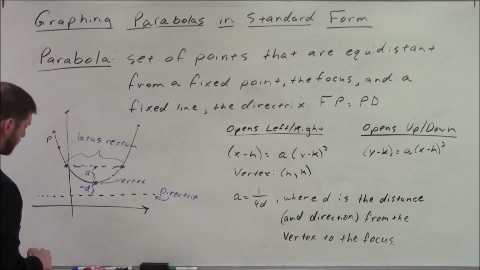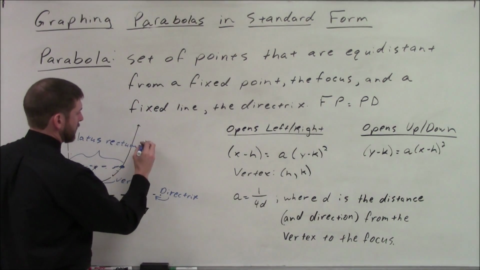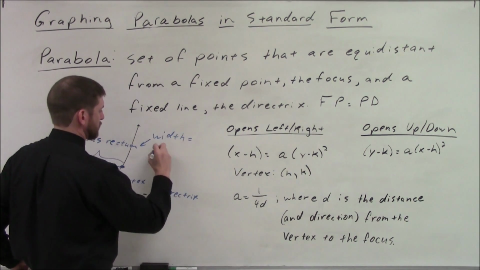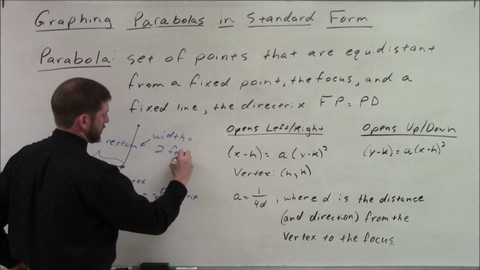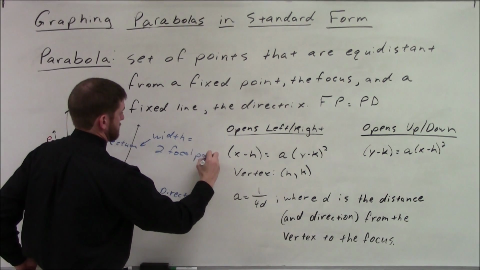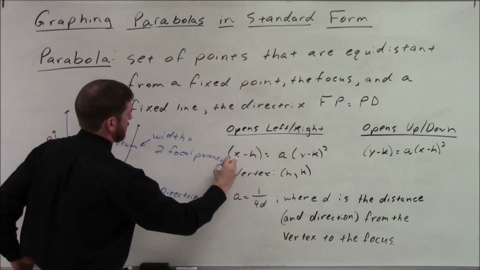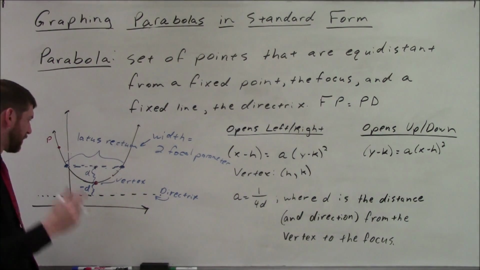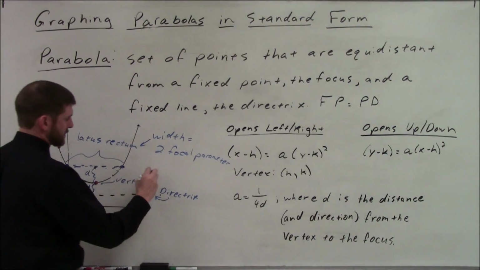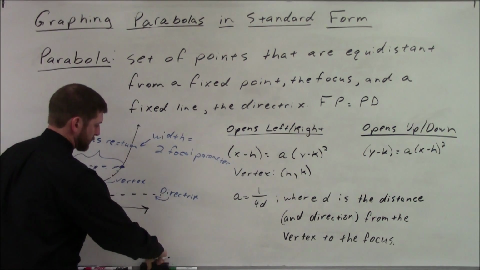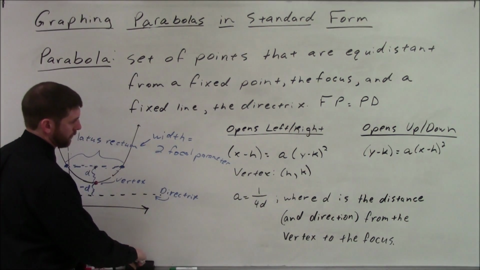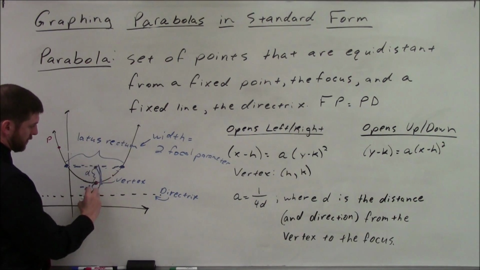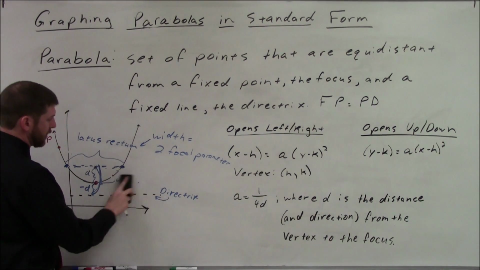The width of the latus rectum is equal to 2 times the focal parameter. Well, 2 times the focal parameter, what the heck's the focal parameter? Focal parameter is this distance right here. So I'm going to put it straight out there.